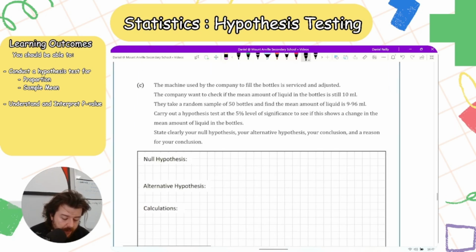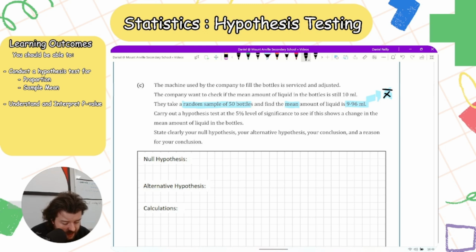Now let's look at a hypothesis test here. The machines used by a company to fill the bottles are serviced and adjusted. The company wants to check the mean amount of liquid in the bottle is still at 10 milliliters. They take a random sample of 50 bottles and find the mean amount to be 9.96. So I see the words random sample, I see mean. So this here is going to be my sample mean, right?